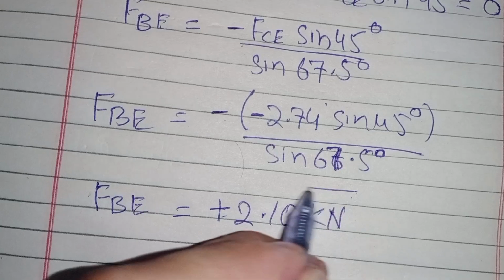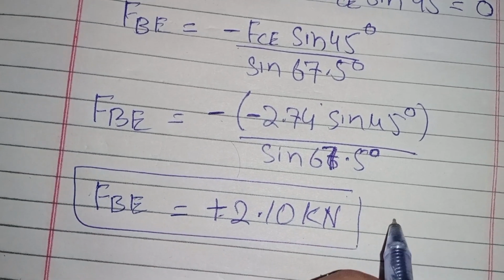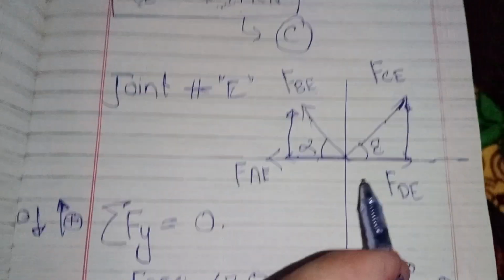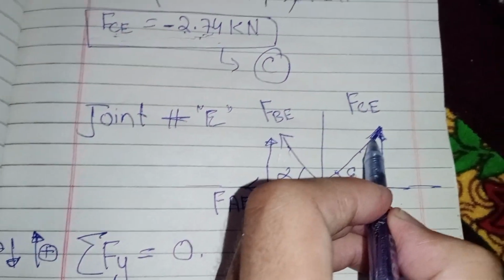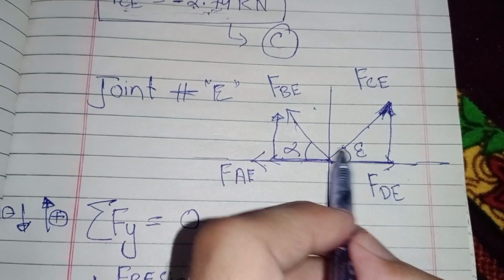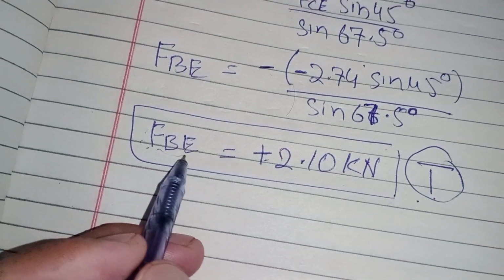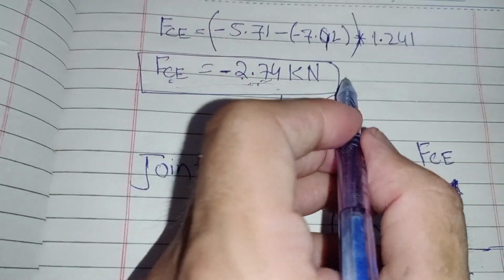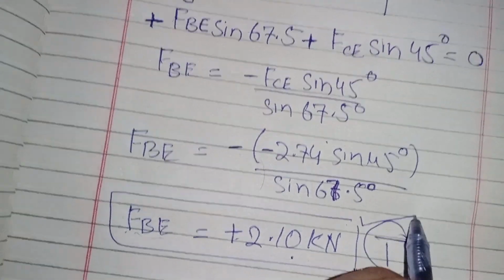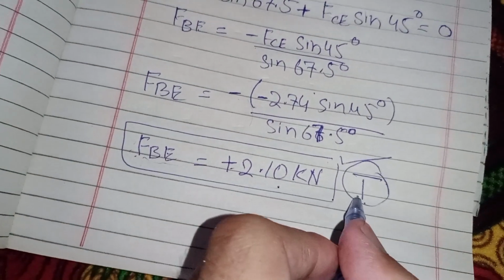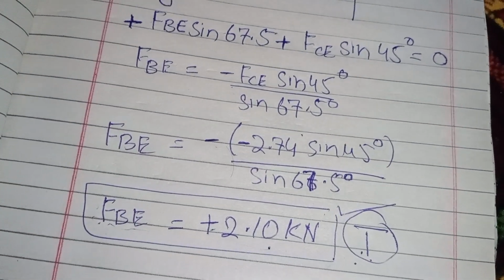This plus means that my assumption was right. I first assumed that all these forces are in tension. So I found F_BE and F_CE. This is our required answer. One is in compression and the other is in tension. Thank you very much.